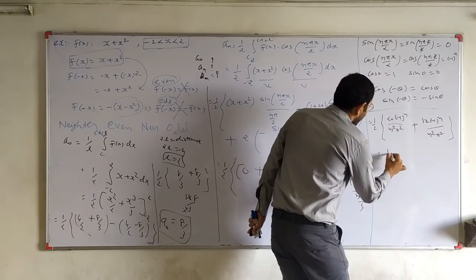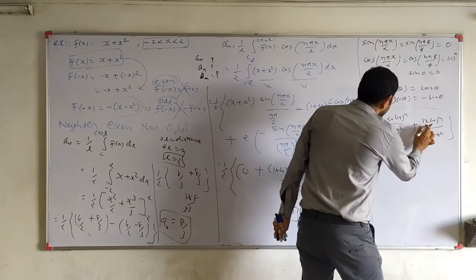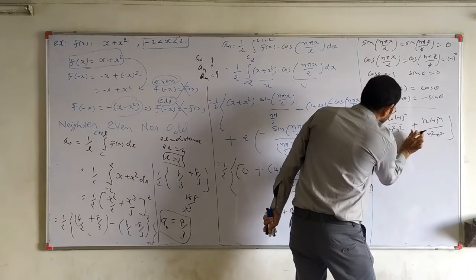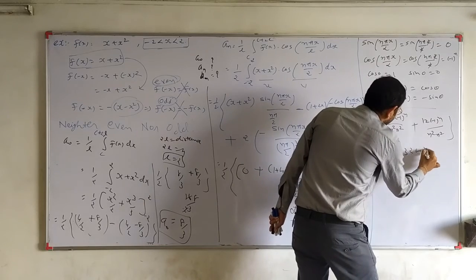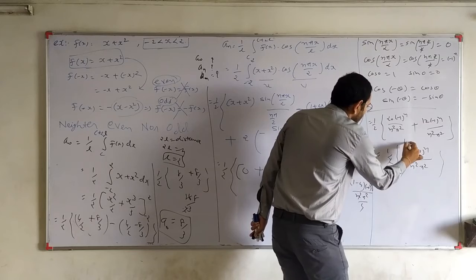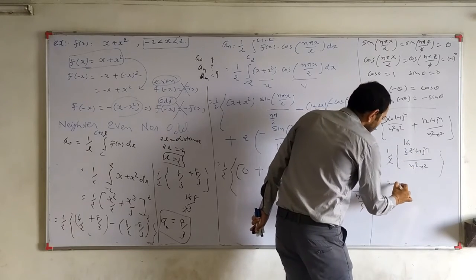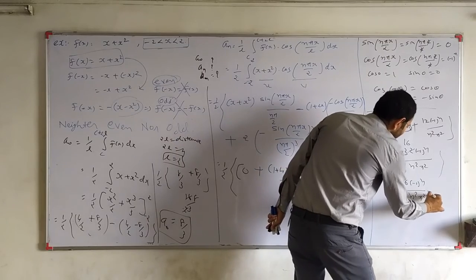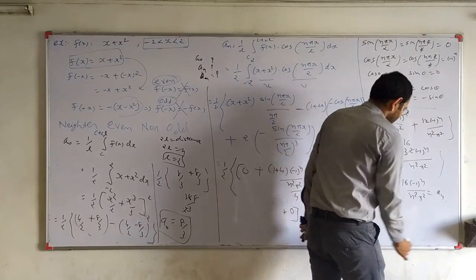Then taking LCM, 1 by 2, 32 minus 1 raised to n upon n square pi square. Then 2 halves are 1, then 16 minus 1 raised to n upon n square pi square. That is the value of an.